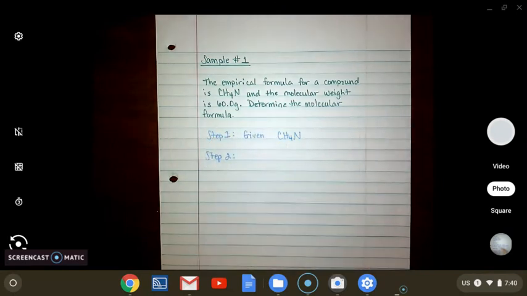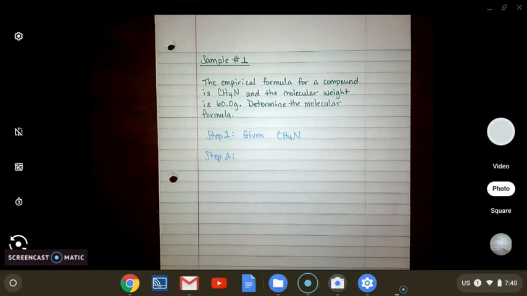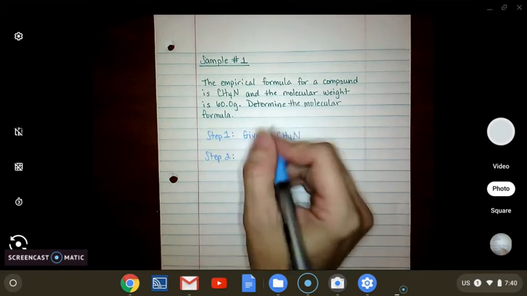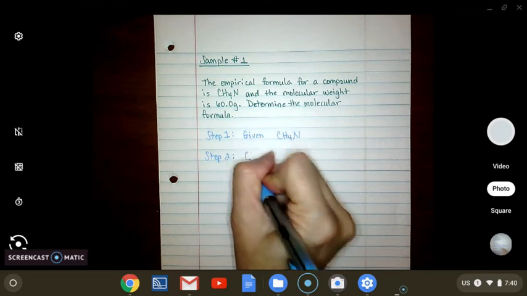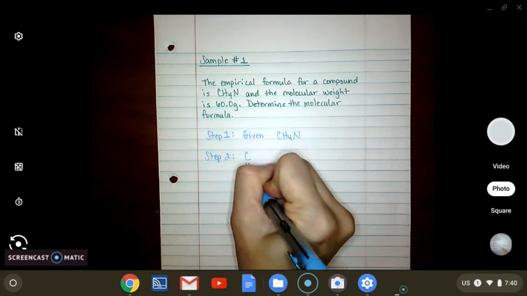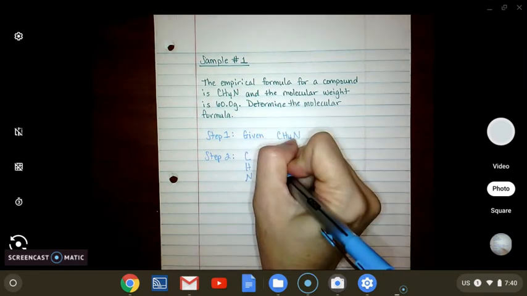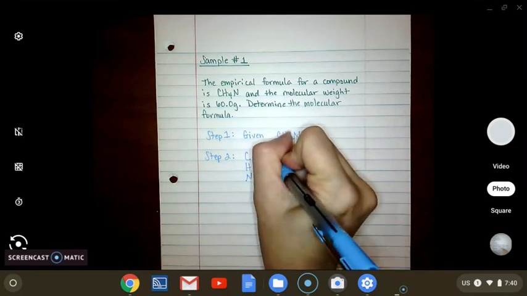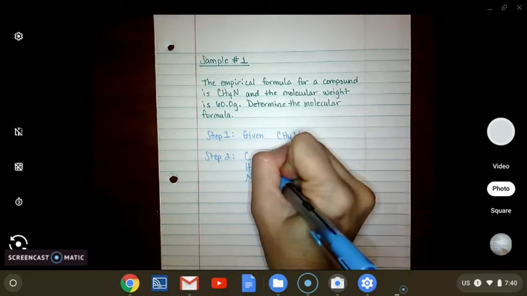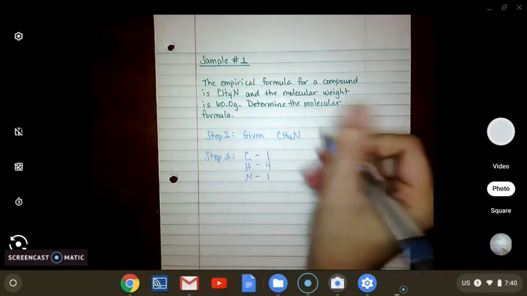Step 2 is where you're going to find the formula mass for it, or molecular weight. So you've got carbon, hydrogen, and nitrogen. You have 1 carbon, you have 4 hydrogen, and you have 1 nitrogen.